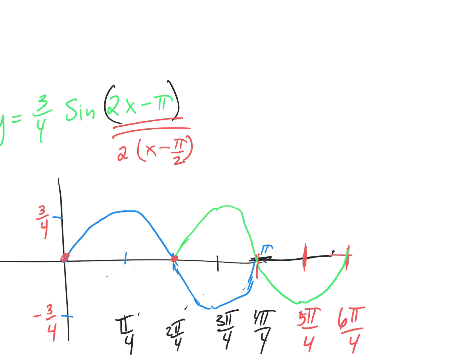I'm putting it up on the board so everybody can see it. It starts right there. The first and the second one are super easy. You might be like, well, how far over is pi over 2? You get to decide what feels right to you. If you want to make 2 marks be pi over 2, you can do that. If you want to make every mark be pi over 2, you can do that.